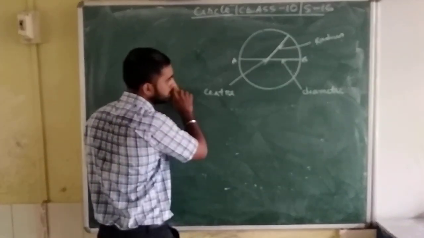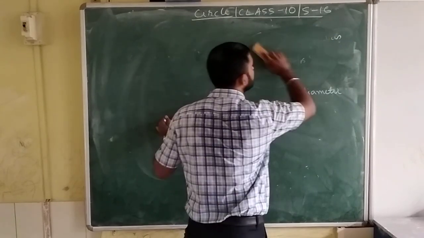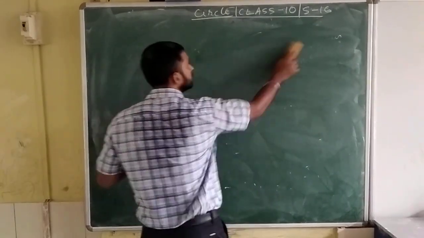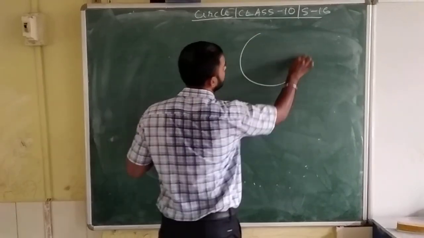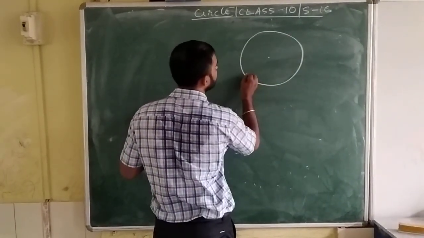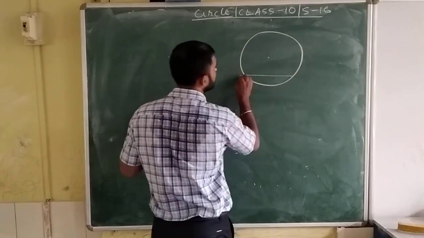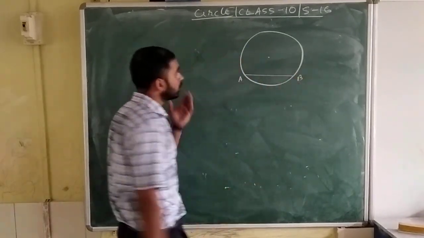Now here we discuss the chord, which we already know from class 9 circles. This AB is a chord.